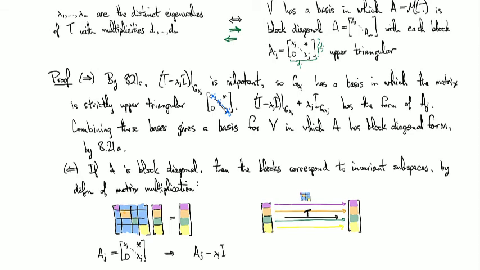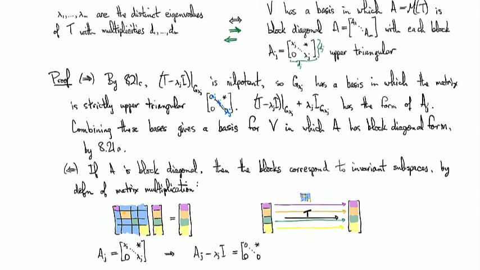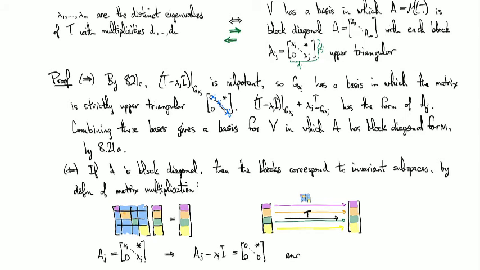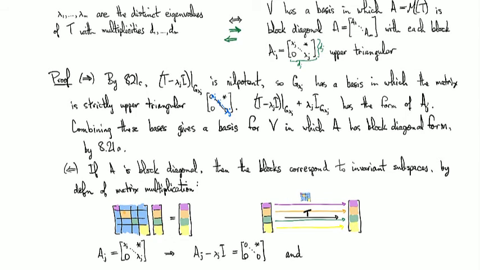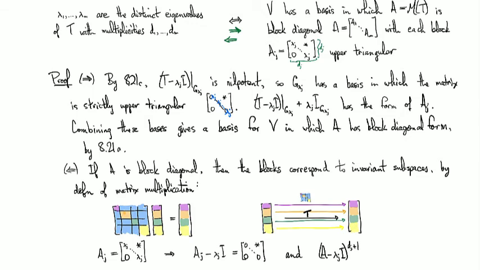We end up with something that looks like zeros down the diagonal and below the diagonal, and still whatever it wants to be up above. So it has the form of a nilpotent matrix, the standard form of a nilpotent matrix. And if we take A minus lambda_j I and raise it to the power d_j plus 1, that's the minimal power needed to make this matrix into the zero matrix.